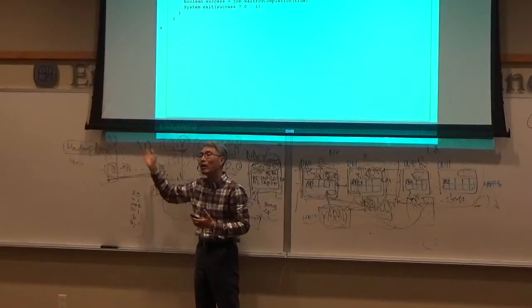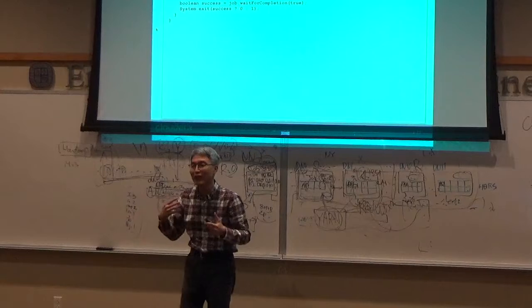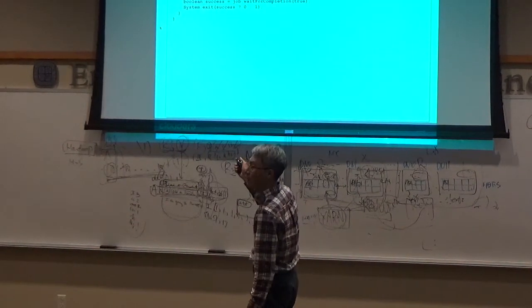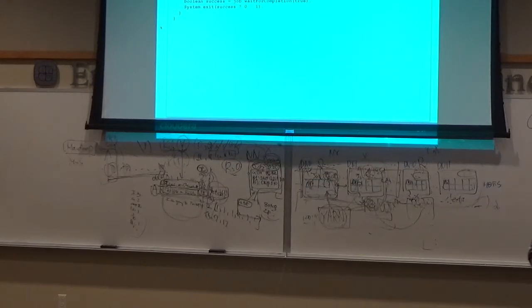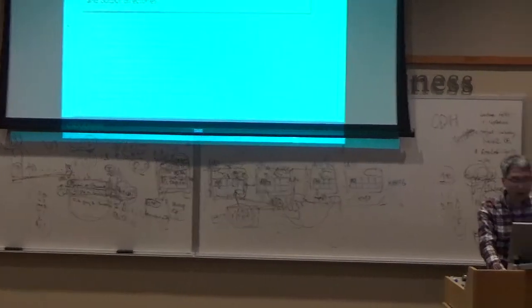It's not actually a data type, it's a class, but you can understand it as the data type of the key and value. So this is the main driver code.